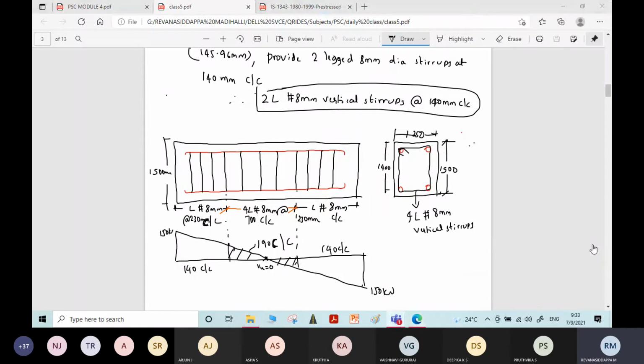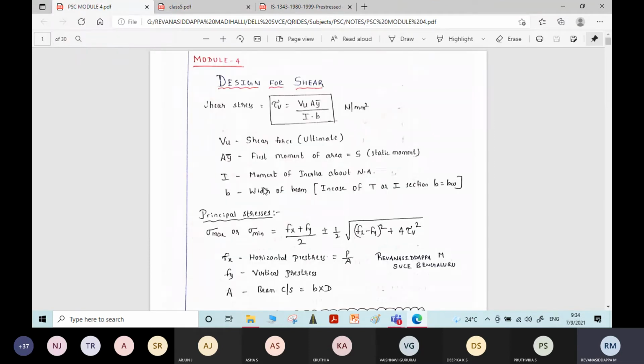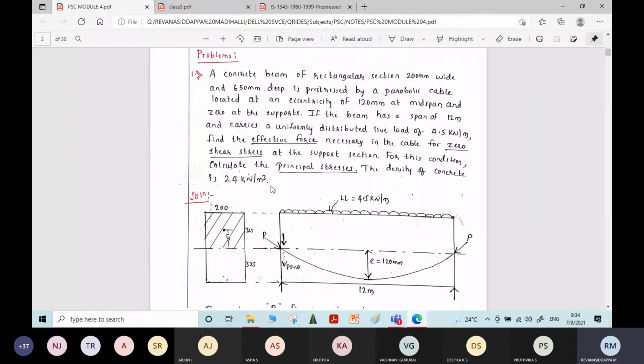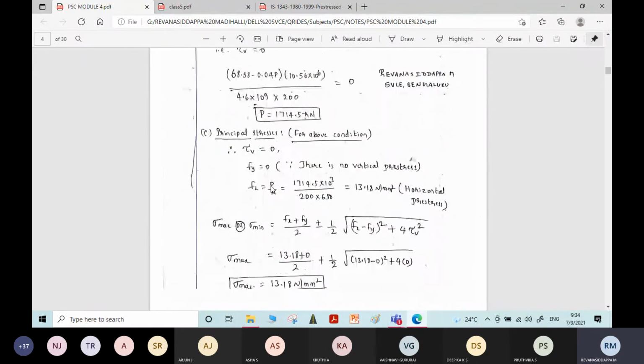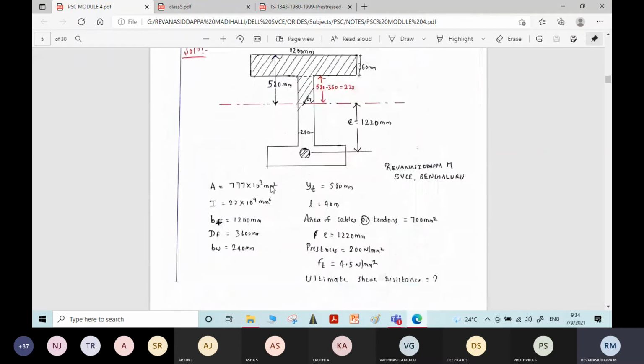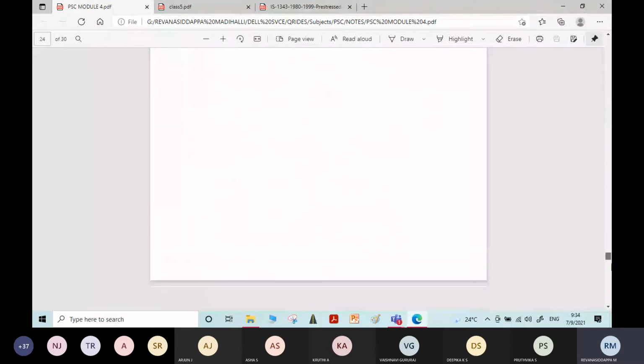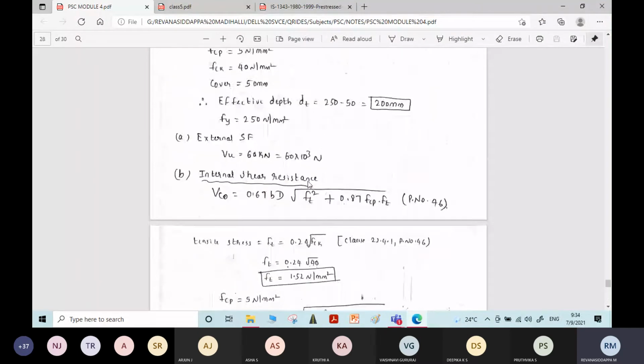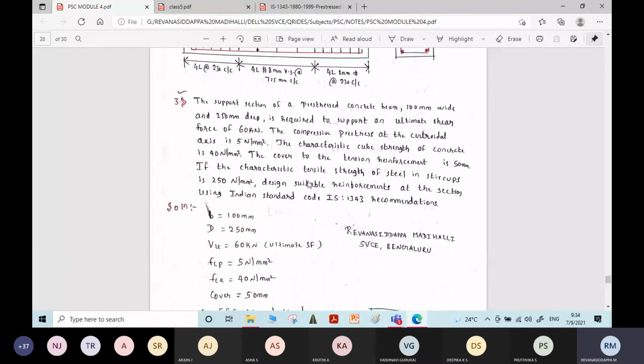Okay, we will move on to the next problem. I think you all written. No need to write the second diagram. Okay. Write the last problem.